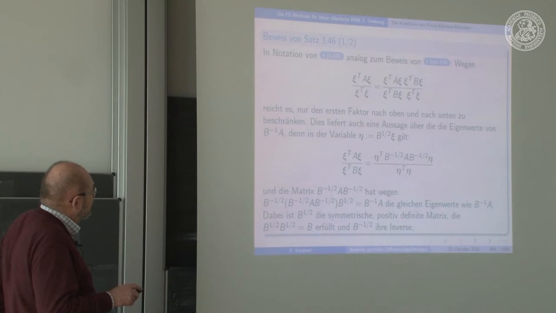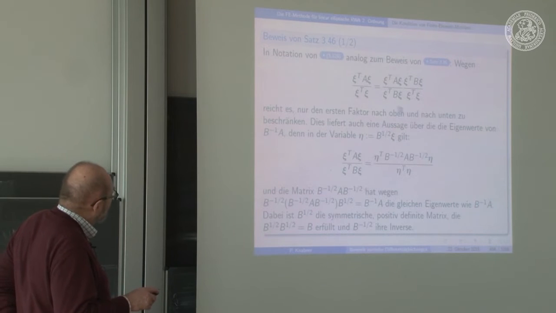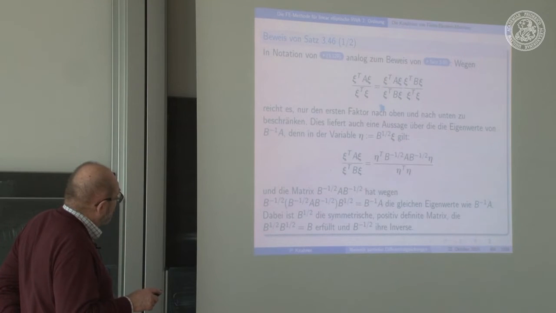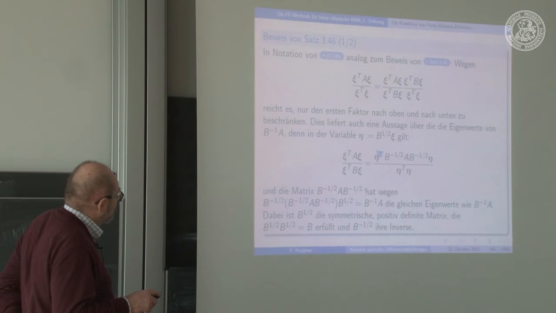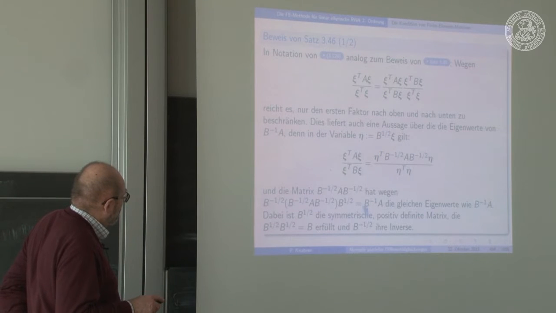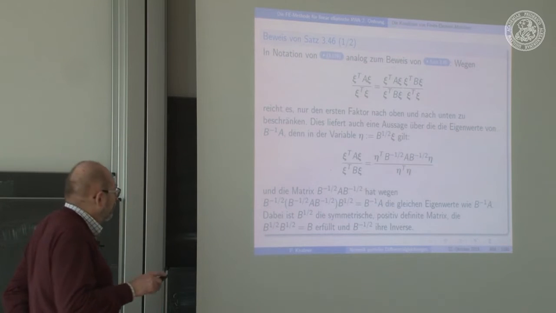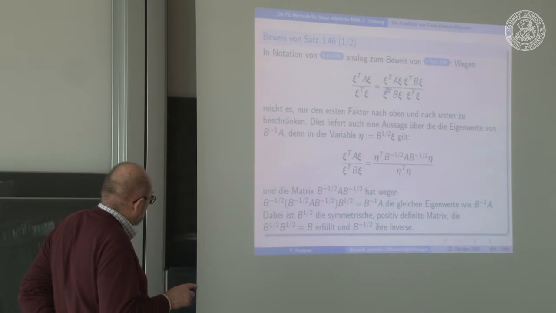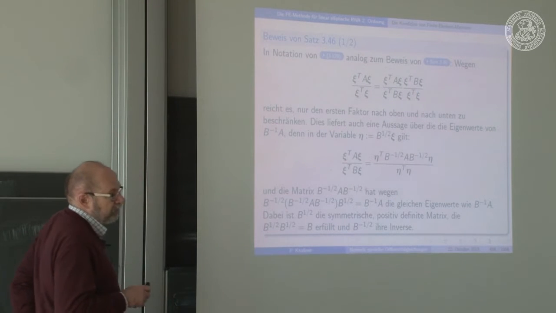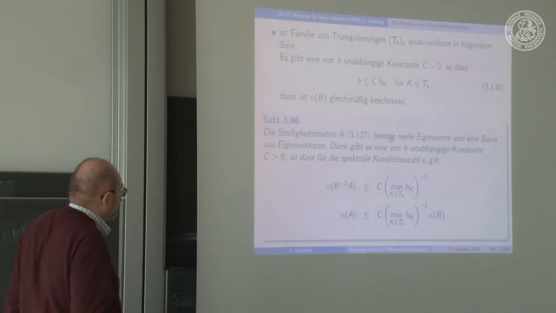So independently of what we get out here as an estimate for the eigenvalues and for the condition number, we can either say, okay, by this we have an estimate for the eigenvalues, and by this for the condition number of this matrix, and by this for this matrix, because they are similar, they have the same eigenvalues. Or we stick to this product and say, okay, we get an estimate for what we originally want, and we have to multiply with the condition number of this. This explains these two results.